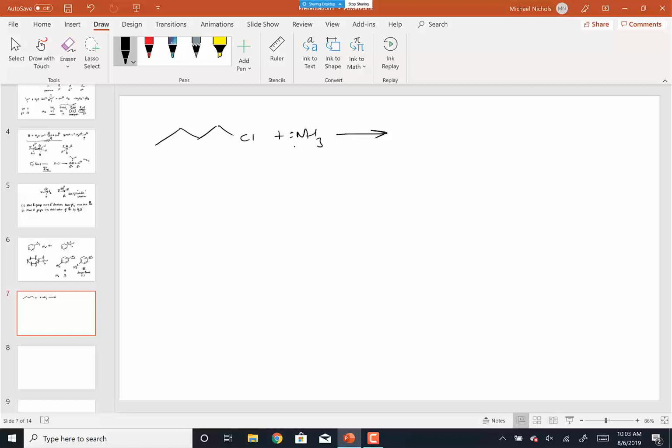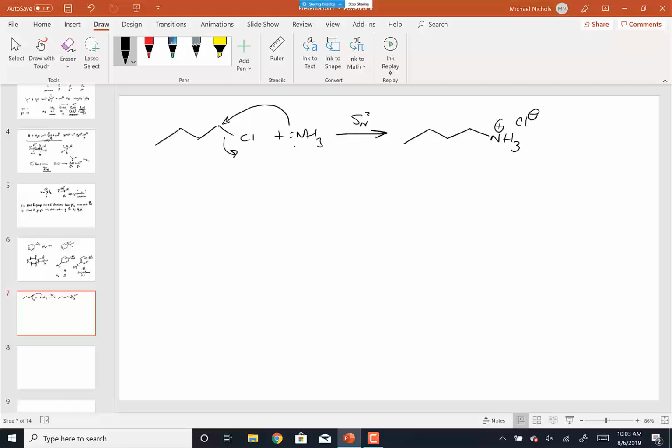So that means if I react it with a primary halide, this reaction is going to be SN2. So the amine's going to come in, attack the carbon, kick off the chlorine, and I'm going to add my NH3 to it with the plus charge and then the Cl minus. This is a problem with amines.